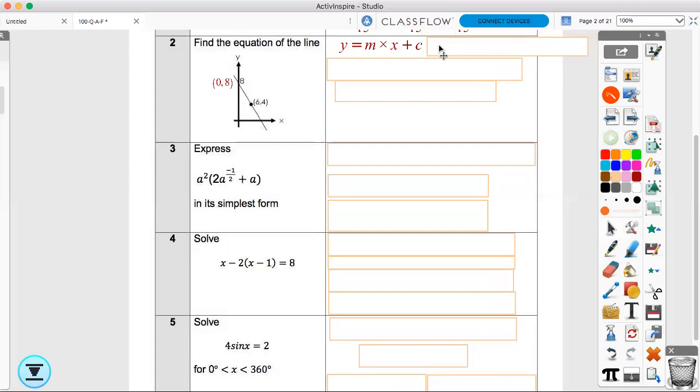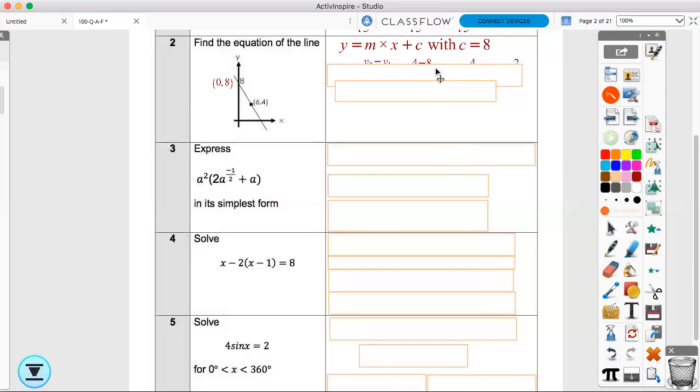Two ways. I can find m using, if you remember, y2 minus y1 divided by x2 minus x1. But here, you could see that the y-intercept is given to us already. C, so c equals 8. So straight away, I've got c equals 8 here.